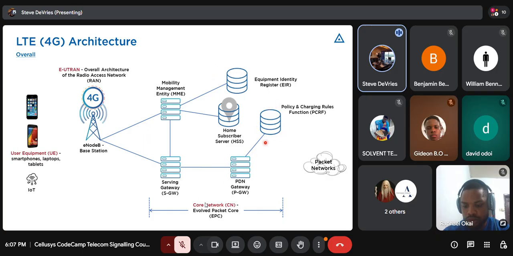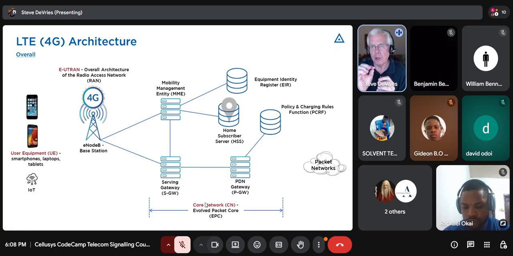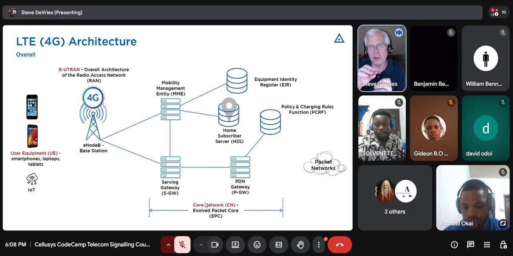You have another entity with a kind of strange name, policy and charging rules function. Since this is all data, you can apply different quality of service functions to different data streams. You can apply different policies to different types of data streams. Let's say you're using your mobile phone just to go on the internet.